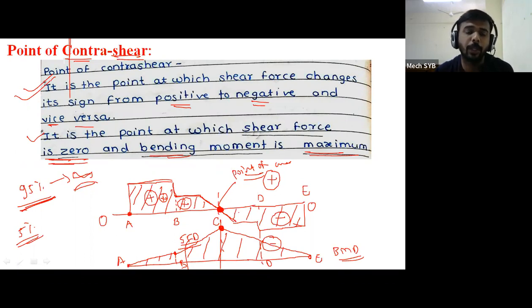That's why we have to give more and more focus only on the first definition. That is point of contra shear. It is the point at which shear force changes its sign from positive to negative or from negative to positive. Okay, so this is the point of contra shear. This is one point we have to check in SF and BM.